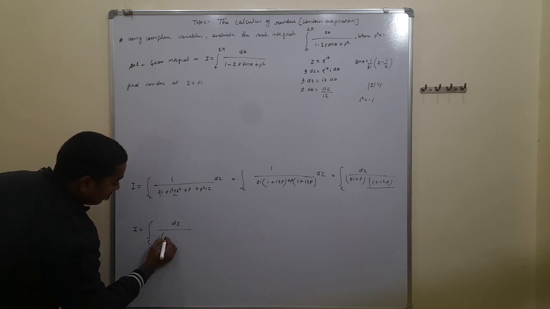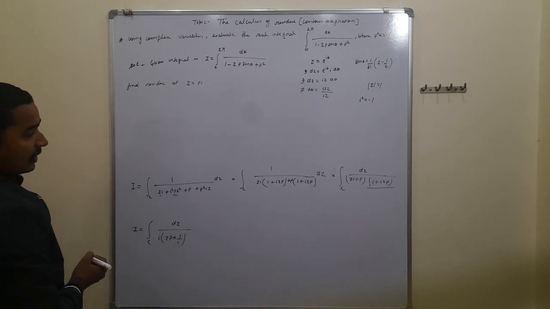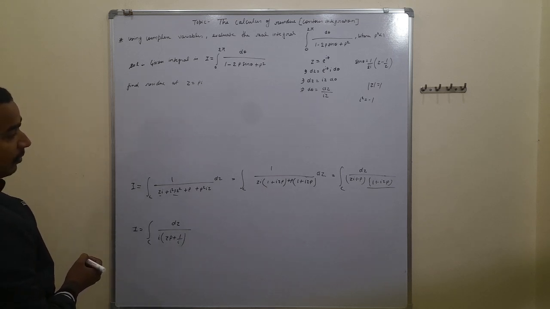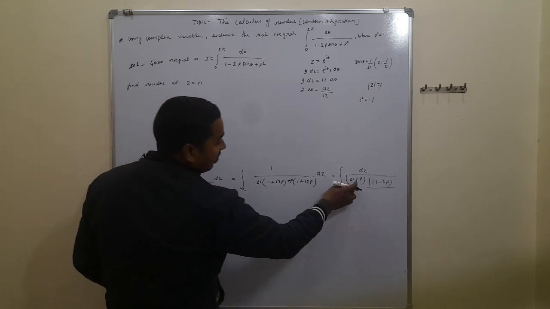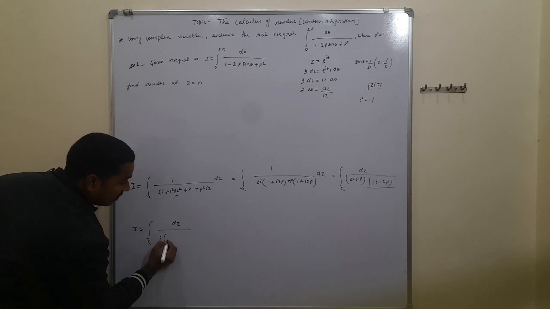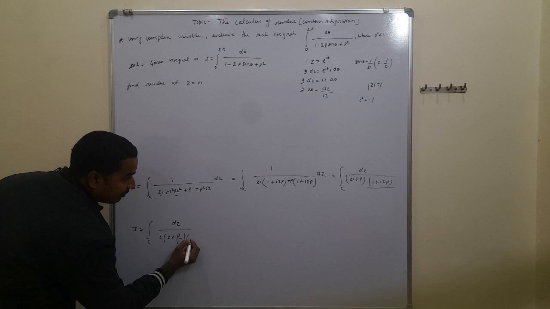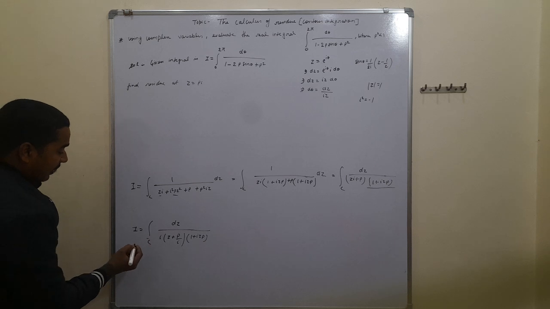That is zp plus 1 upon i, and once again we take common from here, that is i is taking common, that is z plus p upon i, and the second bracket is 1 plus izp.